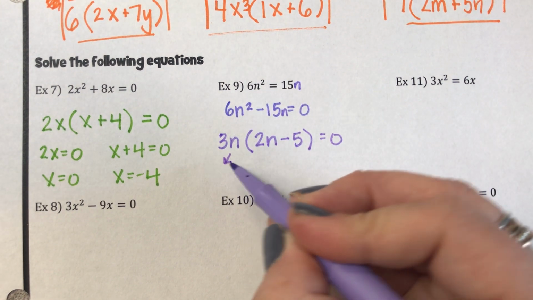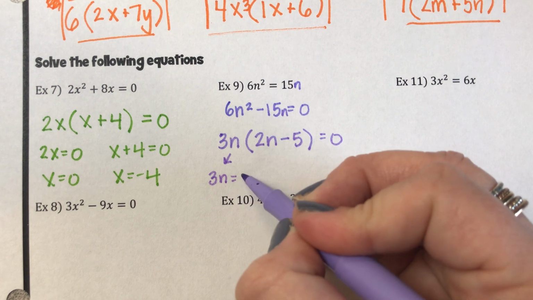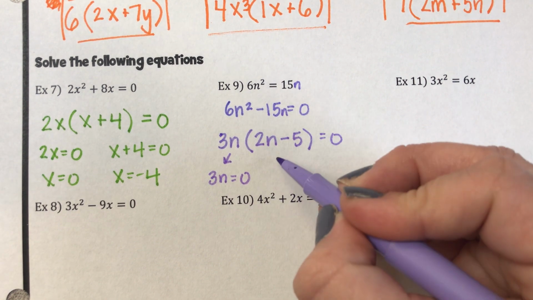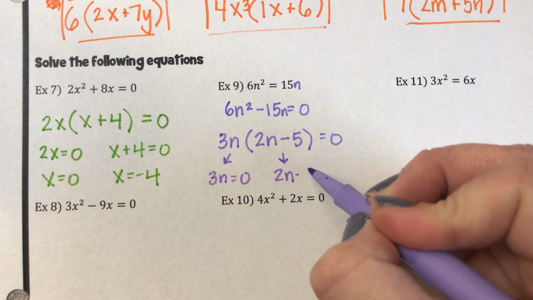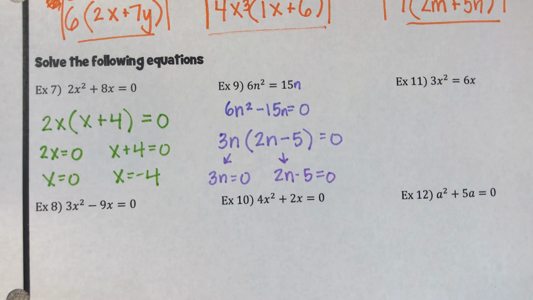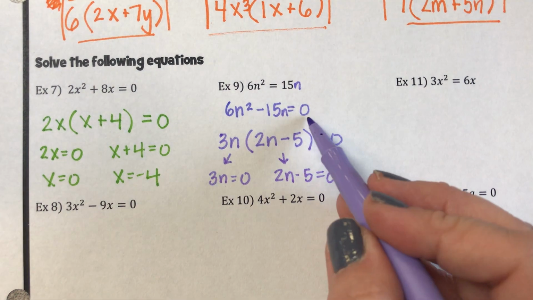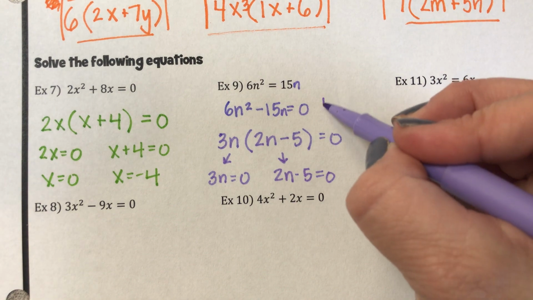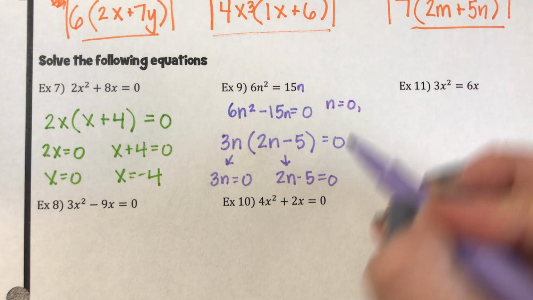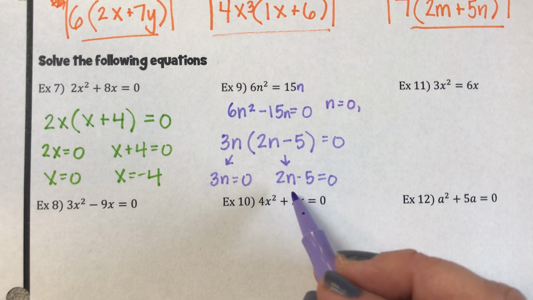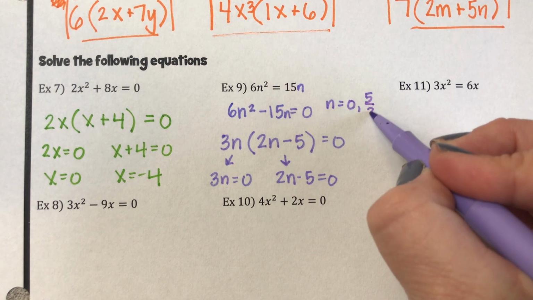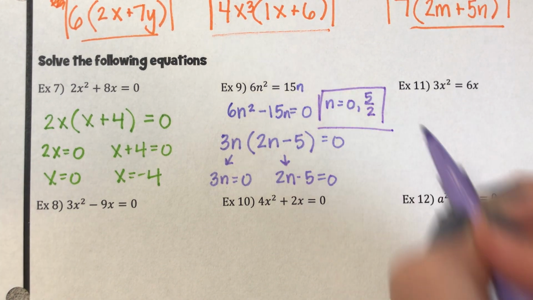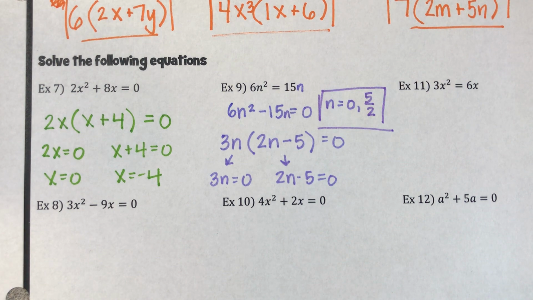So 3n could equal 0, or 2n minus 5 could equal 0. And I kind of ran out of room, so let me come over here and solve it. So divide both sides by 3, n is 0. Add 5, divide by 2, n could be 5 over 2. I did not leave enough space.